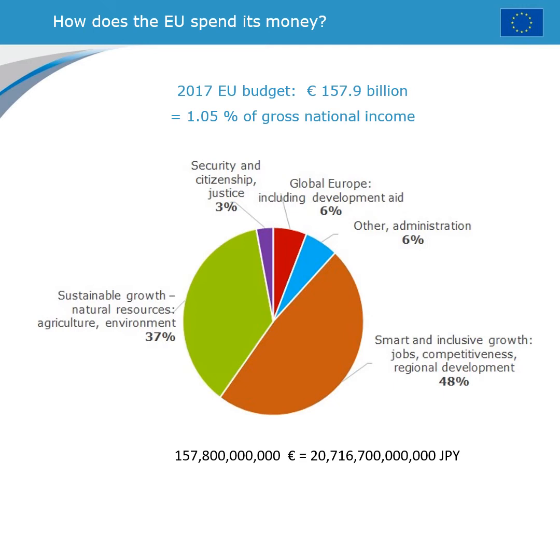That means if you live in one country, your country will pay 1% of what your country makes in a year to Brussels. It doesn't sound very much, but it adds up to a large sum, 157.9 billion.